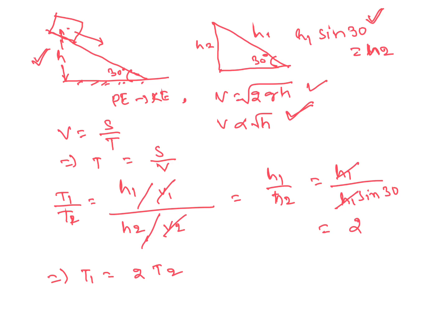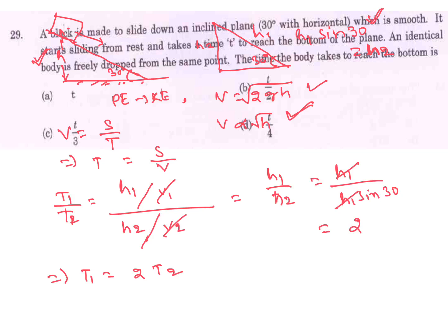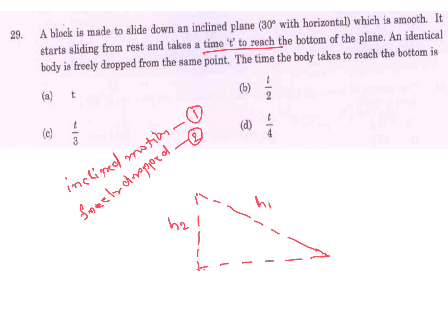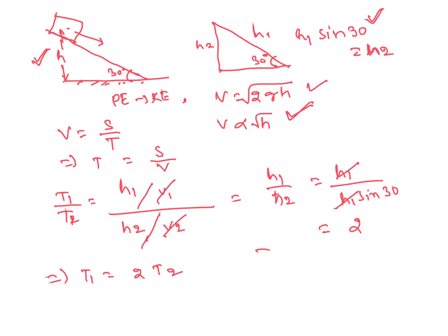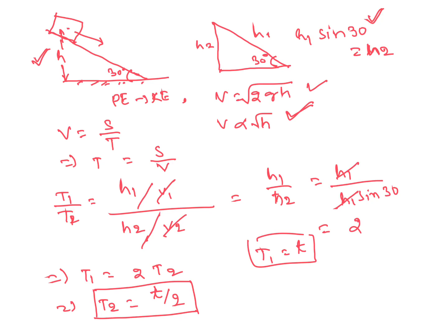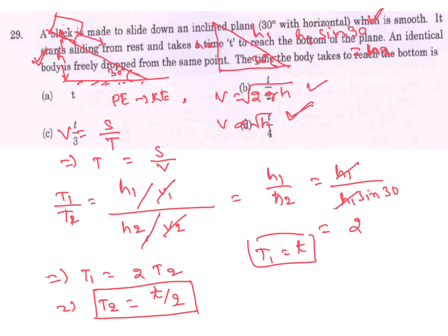In this question, the first time is t, so t1 is t. So the second one is t by 2. From the options it's B. B is our answer.